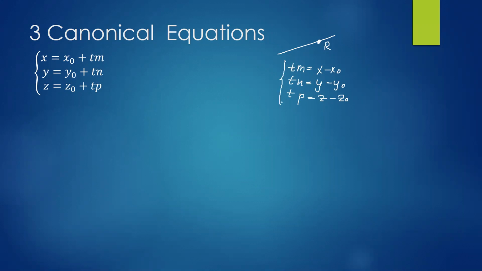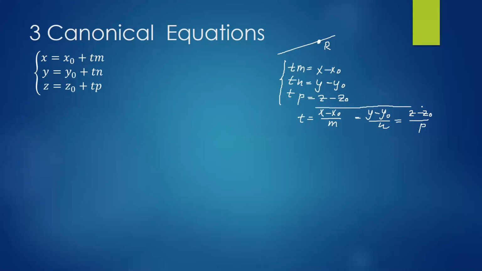And now if we express t from each part, then we see that t is (x minus x0) divided by m from the first, but it also is (y minus y0) divided by n from the second, and it also is (z minus z0) divided by p from the third parametric equation.